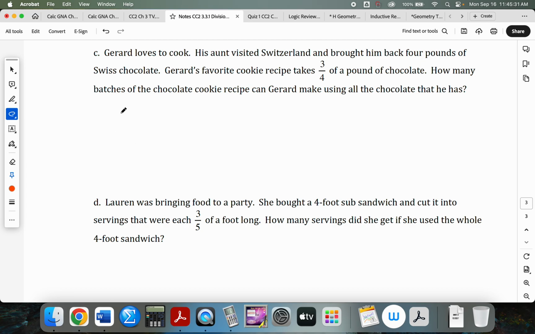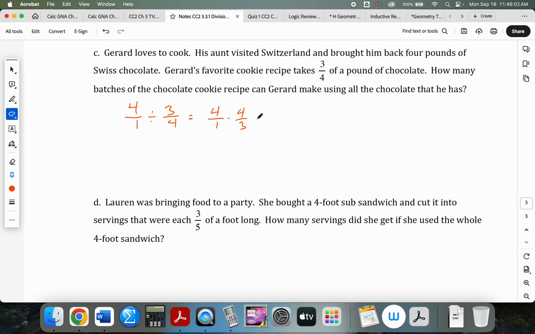Okay, so we're going to take all the chocolate that he has, 4 pounds, and it'd be nice if I made that into a fraction. What is 4 as a fraction? 4/1, thank you. And I'm going to divide that up into 3/4 of a pound for each one. So that's 4/1 times 4/3.